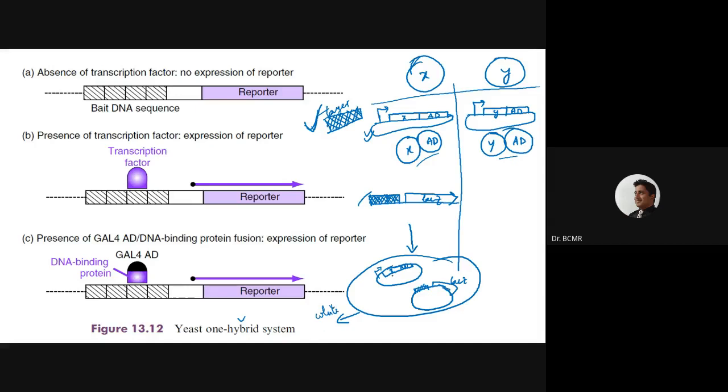That means from X and AD, it will produce a protein X and AD, a hybrid protein. If it can bind to this target sequence using the X, that means if X can interact with this, then the activation domain will allow the transcription factor to bind here and allow the transcription of lacZ, and lacZ would have given blue color, beta-galactosidase activity. But I'm saying it is white in color, which means that X here is unable to bind to the bait sequence.